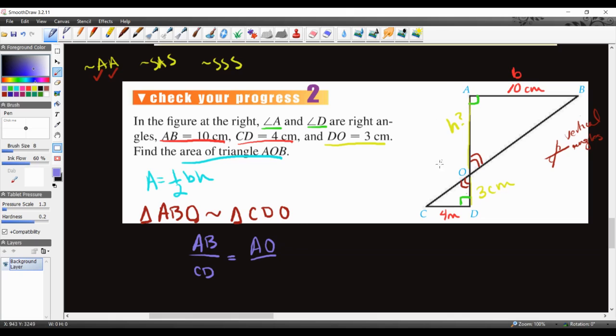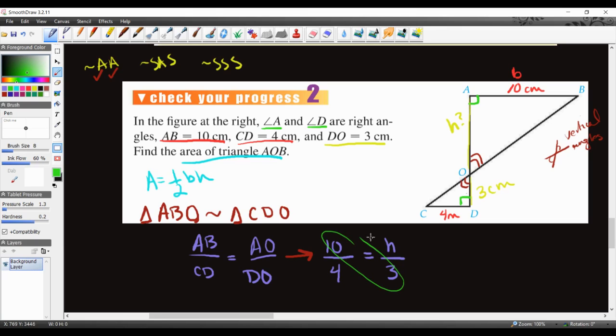So AO corresponds to DO. Okay, we're going to plug everything in now. AB is 10, CD is 4. I don't know what AO is, so I'm just going to call it H, for height. And then DO is 3.